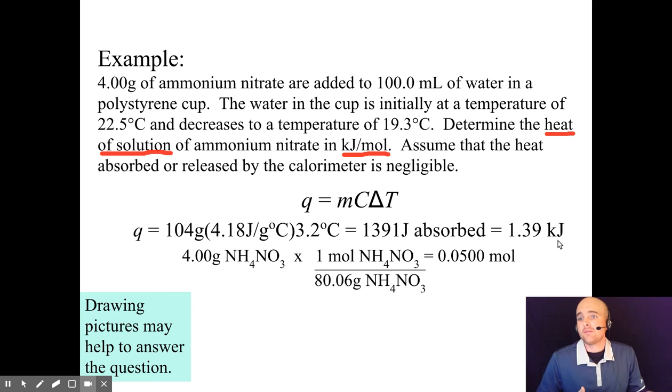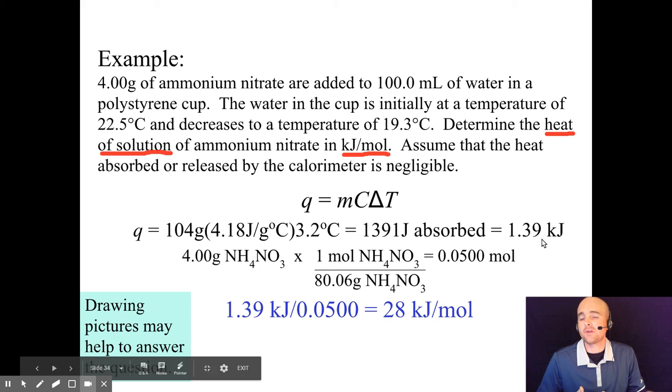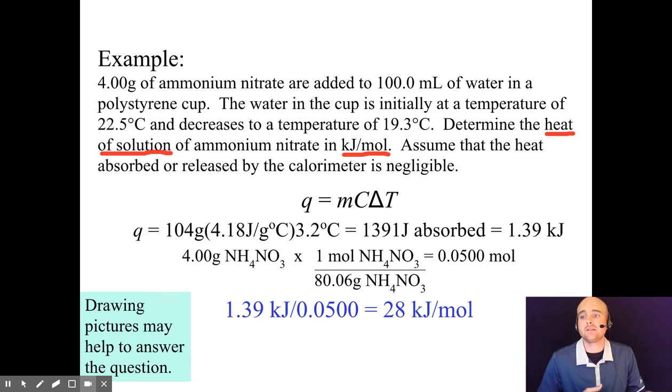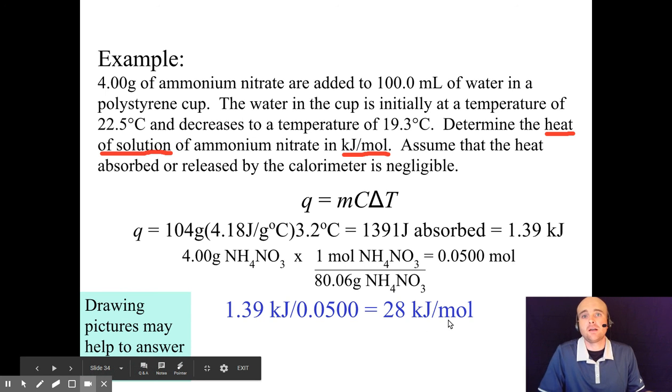So if it's just kilojoules per mole, all we have to do is take 1.39 kilojoules and divide it by 0.05 moles, and we get 28 kilojoules per mole of heat that is absorbed.